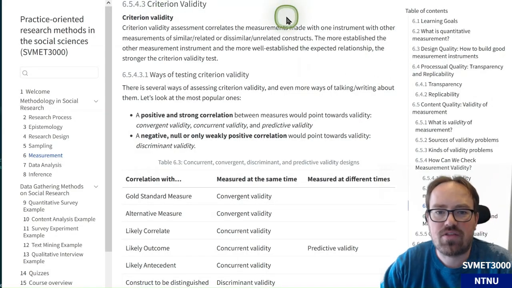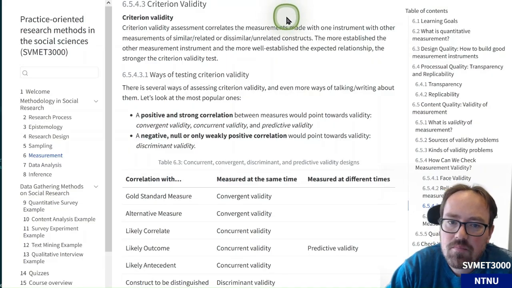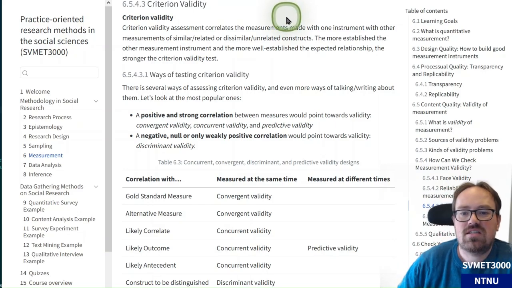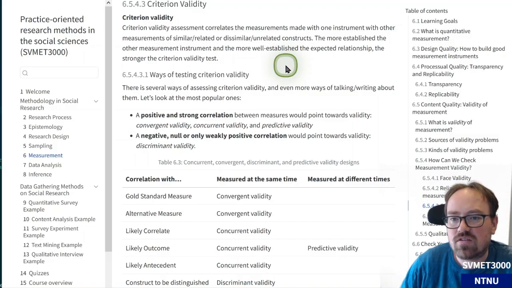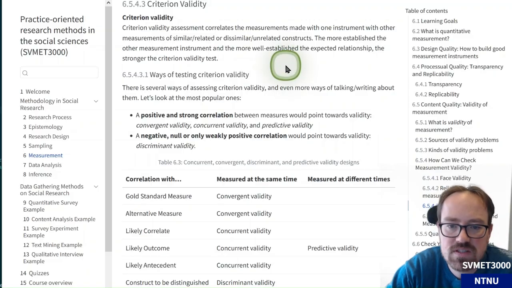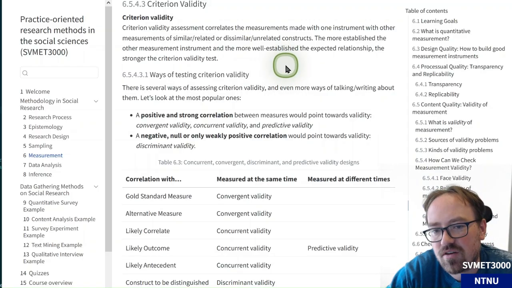So let's look at the third way of assessing validity, which I call criterion validity. For me, I mean by criterion validity assessments that correlate the measurements made with one instrument with other measurements of similar or dissimilar constructs.